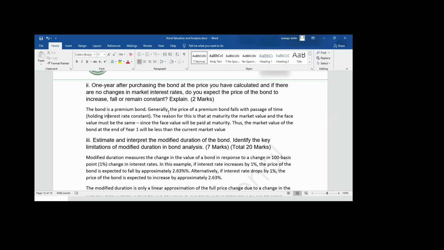Modified duration is calculated as shown below. Please, let's go to the computation.